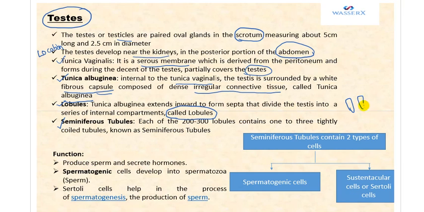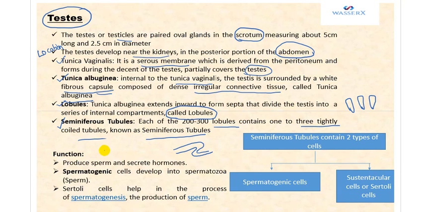Each of the 200 to 300 lobules contains 1 to 3 tightly coiled tubules known as the seminiferous tubules. You know about tubules, right? Structures like this.